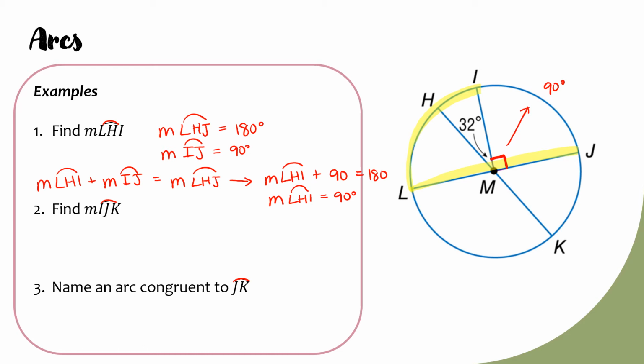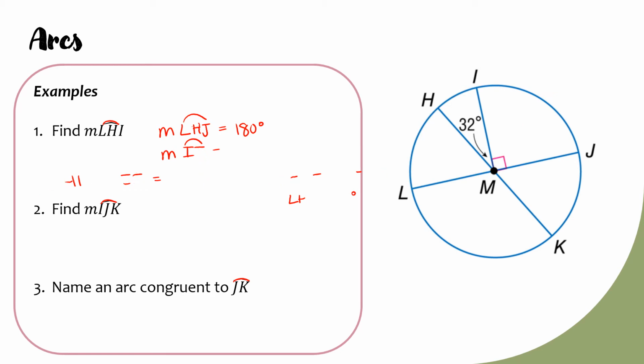Let's move on to number 2, and I might move some things around just to make some space. So we're asked to find the measure of arc IJK. Let's identify where that arc is as well. There we go.